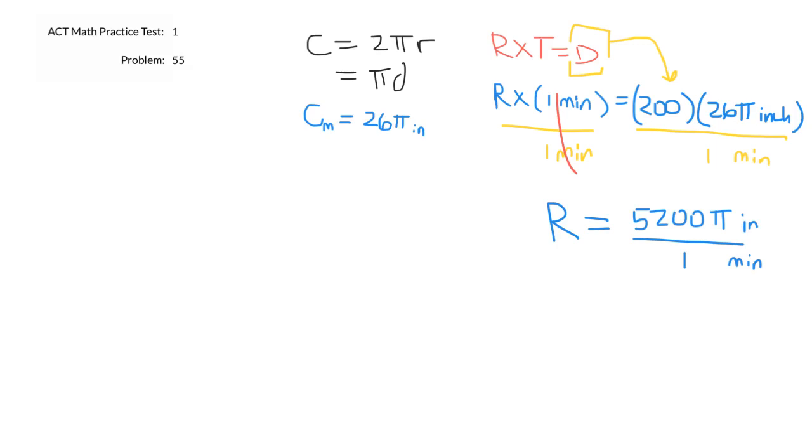So we know that the rate that he's traveling, the speed, is literally 5,200 pi inches per minute.